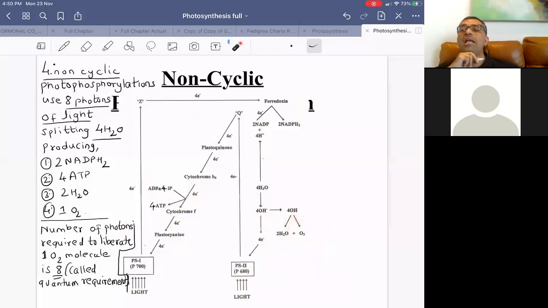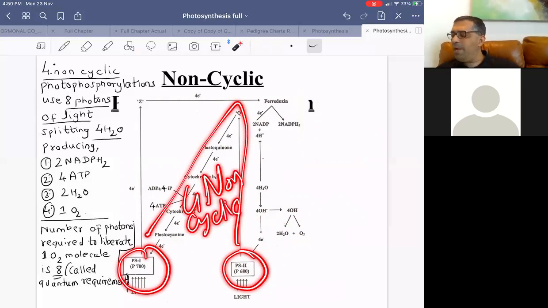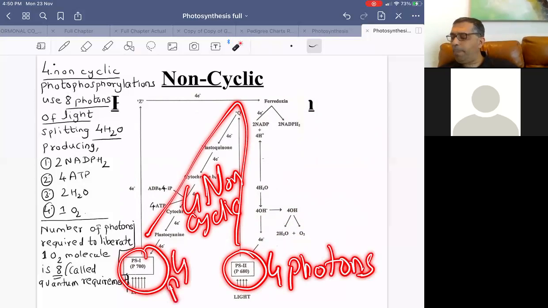So golden words. How many non-cyclic processes took place? 4. And how many photons were used? 4 photons for PS2, 4 photons for PS1. In other words, 8 photons were used.